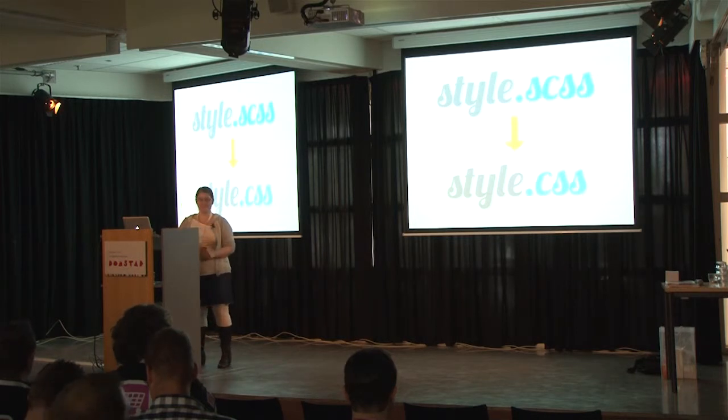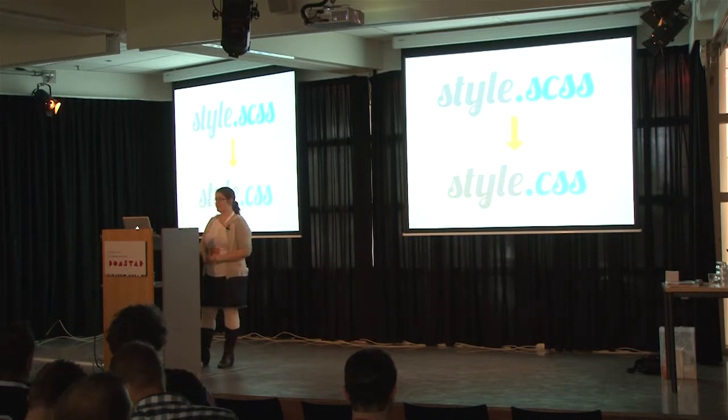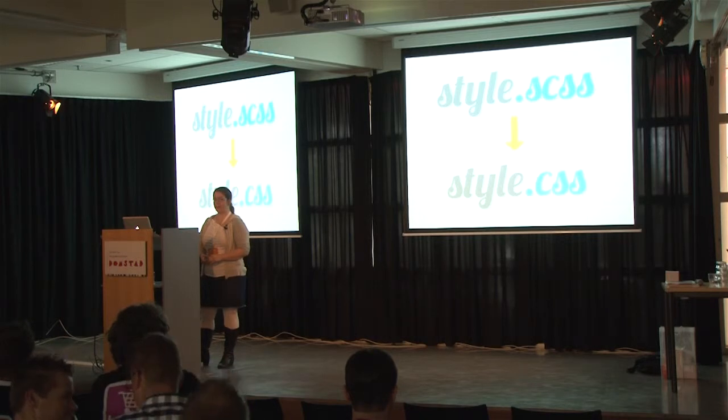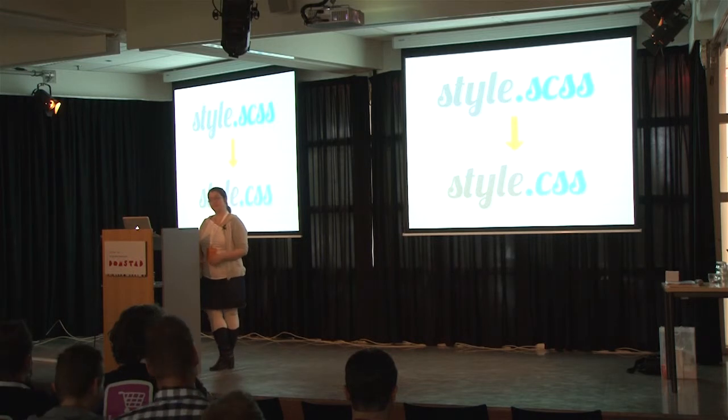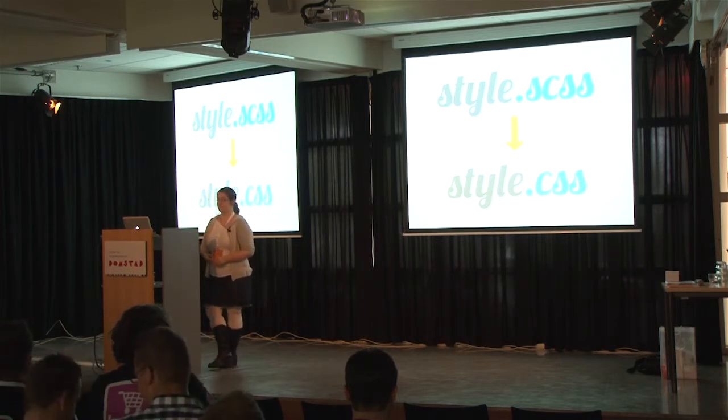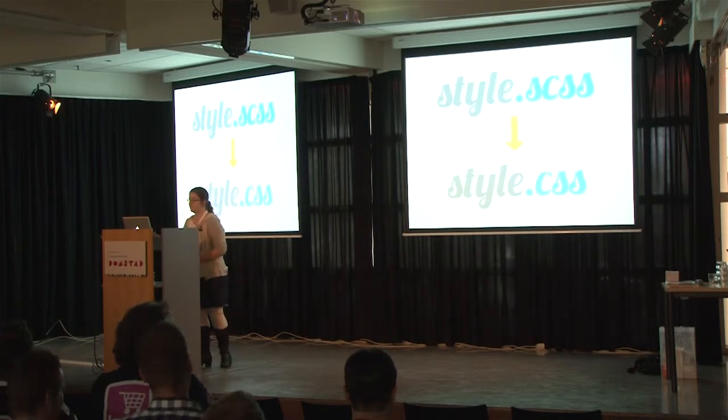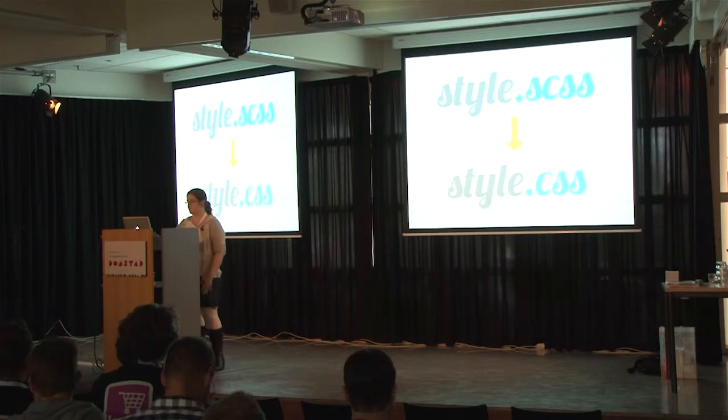It's super easy. People ask me sometimes, why would I want to add that extra step? Doesn't that just make my workflow more stupid and annoying? And it's a valid question, but it doesn't, because this step can be automated in pretty much any way that you want to use Sass. You can have your computer check to see if files have changed, or if you're using other tools, they will check for you.